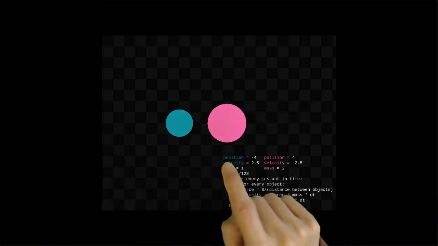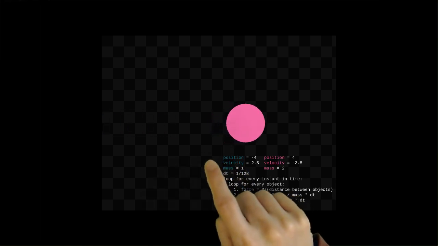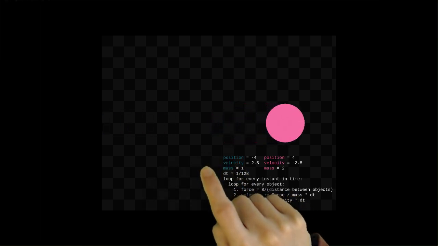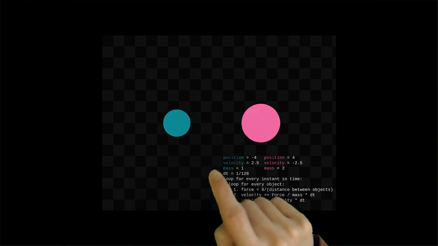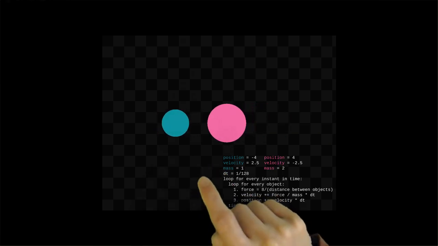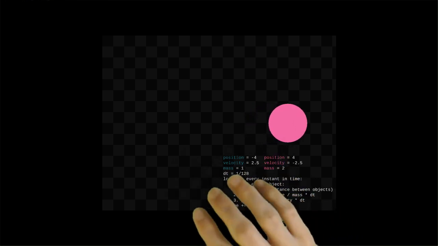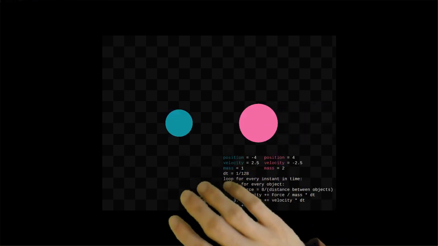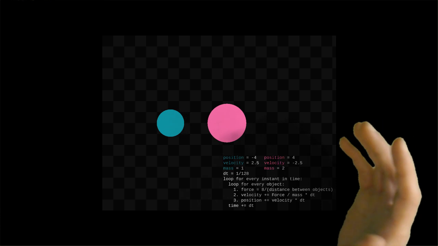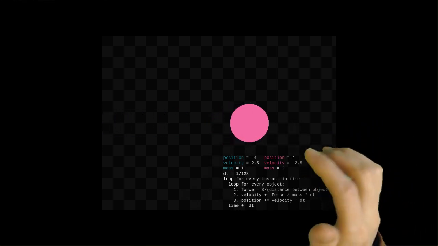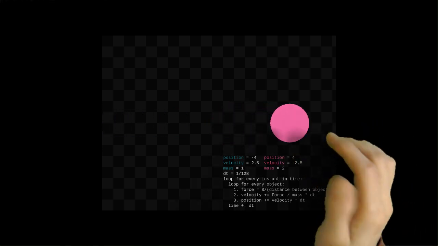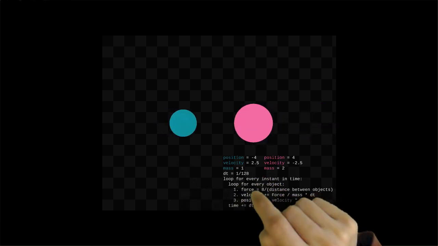But only at first. After barreling into it, the red ball gets close enough to the blue one that the repulsion force becomes strong enough to stop the red ball and turn it around. So remember, when two objects interact via a force, which is the only way they can interact, the force is felt equally and oppositely by each object.